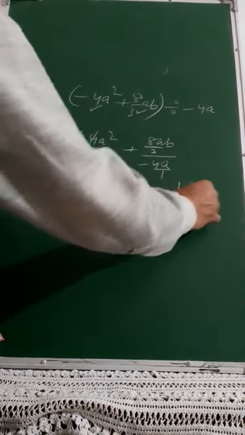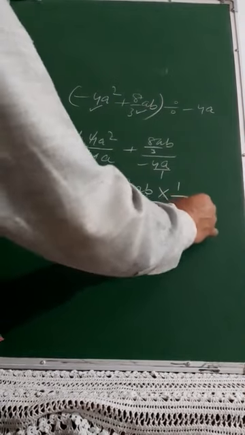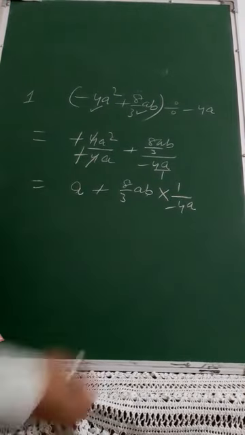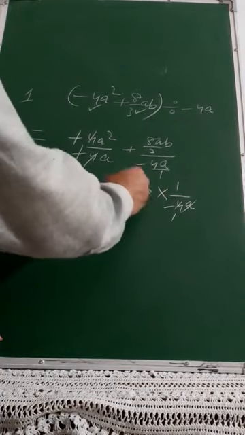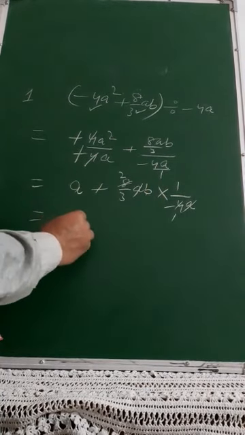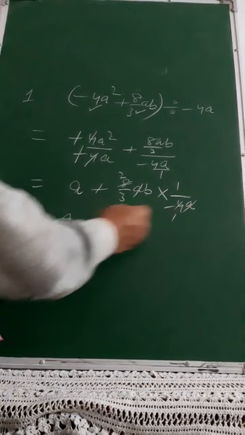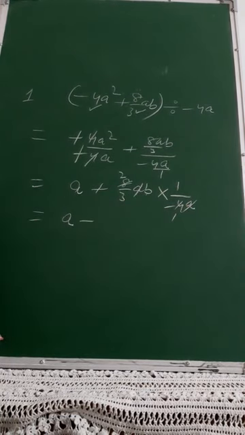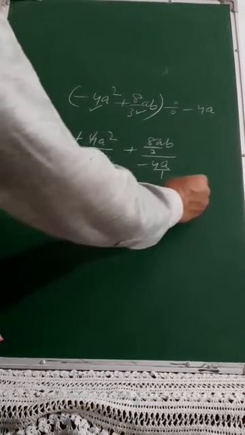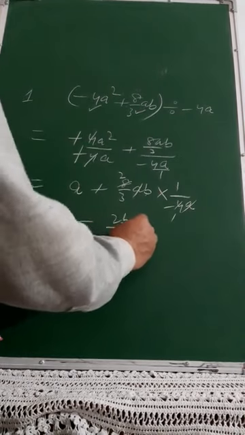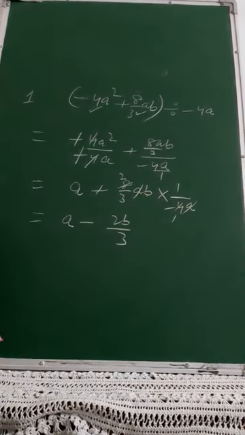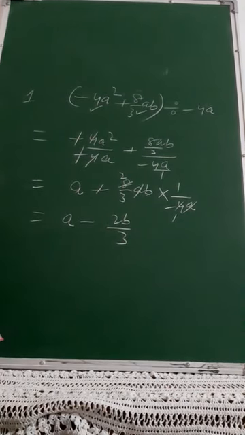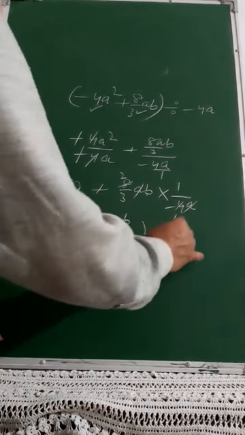So when you will be taking, you need to take the reciprocal all the times. Now you see, a you can cancel with a, 4 ones are 4 and 8 twos are 8. A is here, plus divided by minus will always result into minus. 2b into 1, only 2b will be there, and 3 into 1, 3. So a minus 2b upon 3 will be the answer for this.